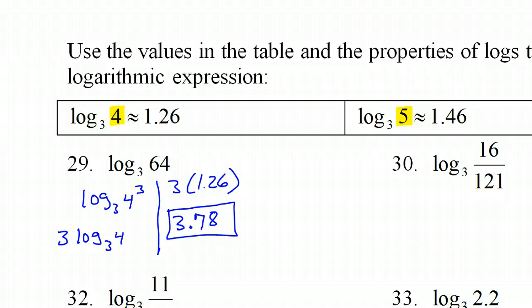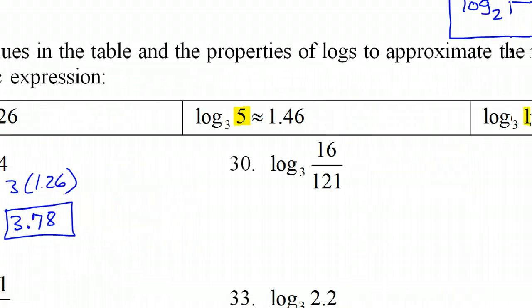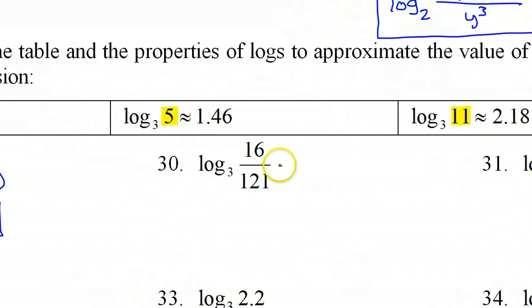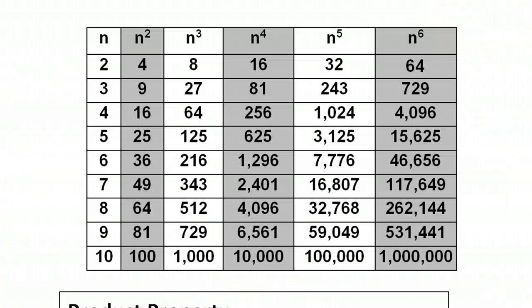Okay. Number 30. Remember, we want 4s, 5s, or 11s. I'm seeing a 4 in here and an 11 in here. I'll just rewrite it. So this would be the same thing as having log base 3 of 4 squared over 11 squared. 121 is 11 squared. You got to memorize that. Well, it's one of your multiplication facts. So now I could use the quotient property.